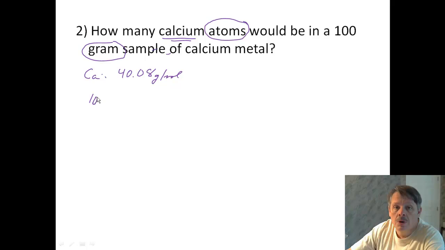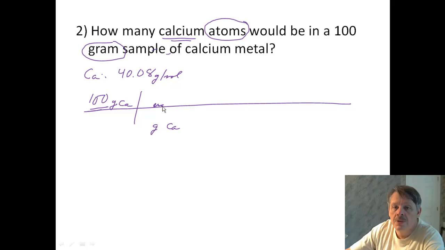So we start with 100 grams. Now, the thing that's tricky about this one is there's only one digit of precision there. So our answer, when we're all done, is only going to have one digit of precision. I have to go from grams of calcium to moles of calcium, and from moles of calcium, I have to go to atoms of calcium. Right, well, my grams is 40.08 in 1 mole, and my 1 mole is in 6.02 times 10 to the 23rd atoms. Now, you should know that number by now, right?